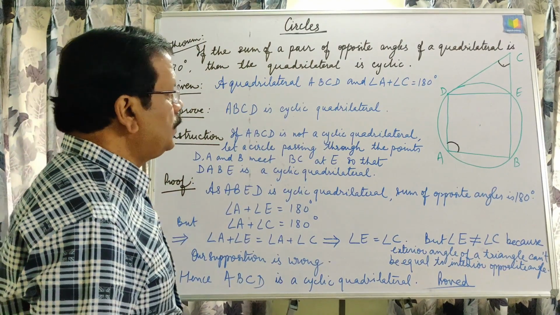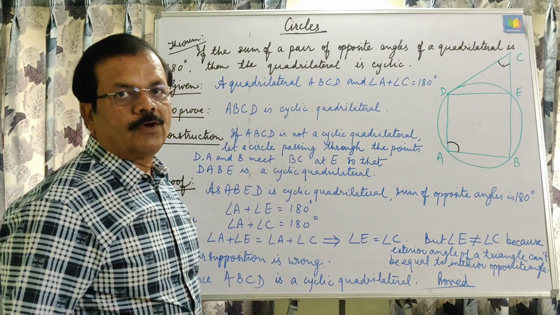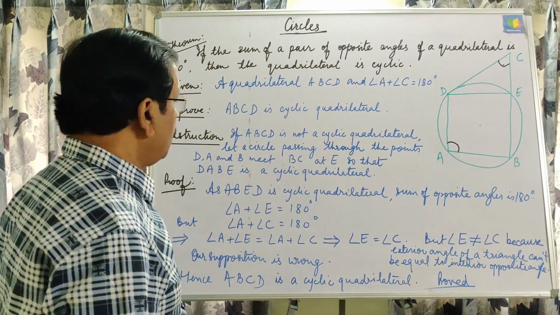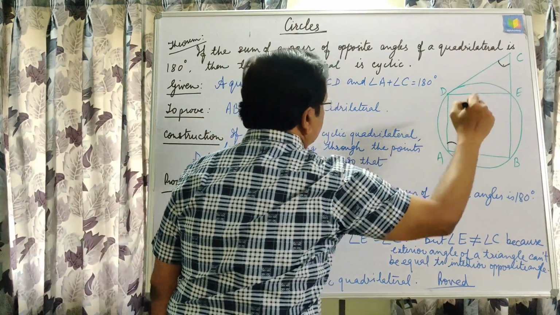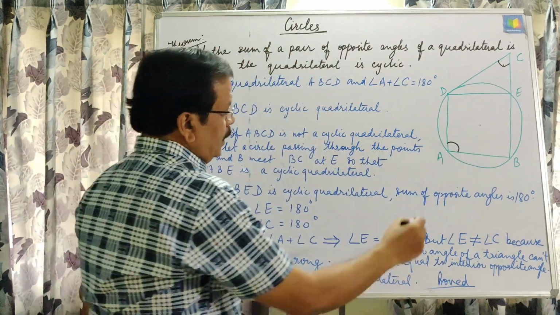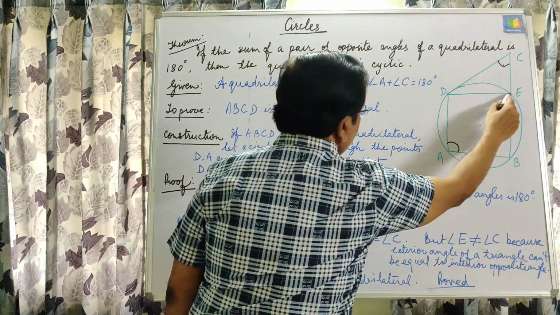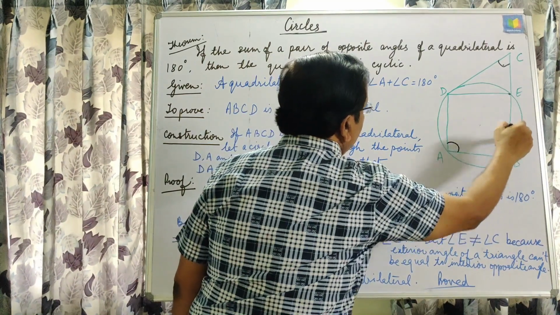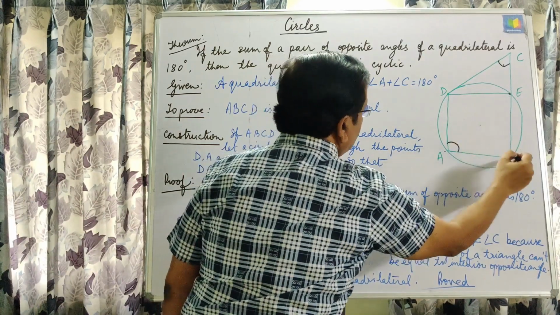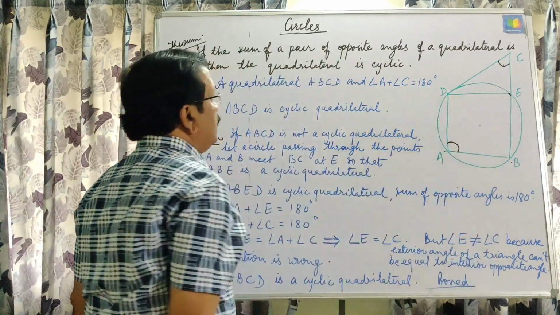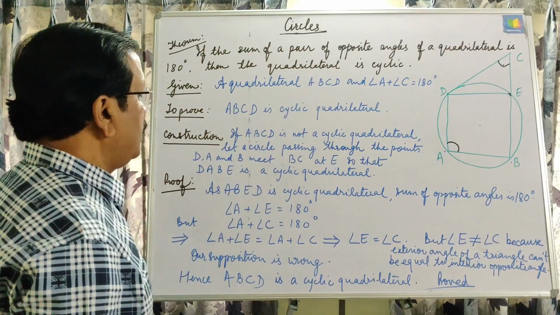Again we will prove this by the contrary method, and we will suppose that this is not a cyclic quadrilateral. For this we take a point E intersecting BC at point E, such that ABED is a cyclic quadrilateral.